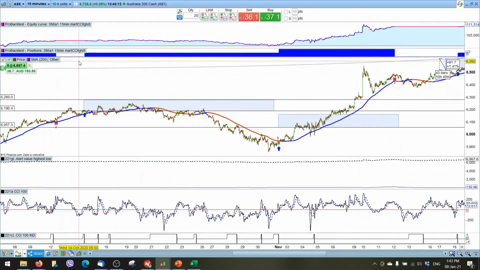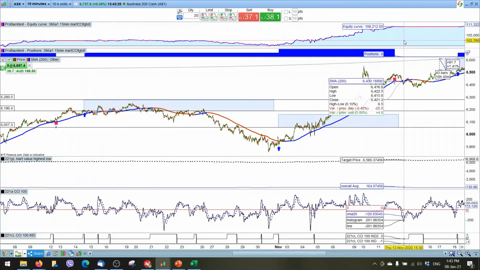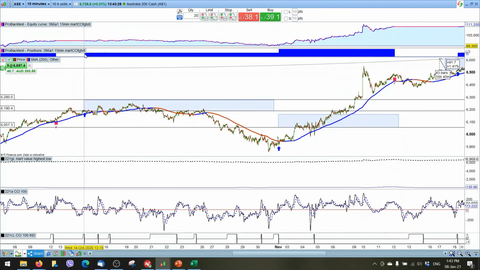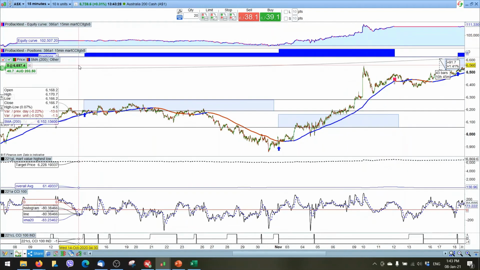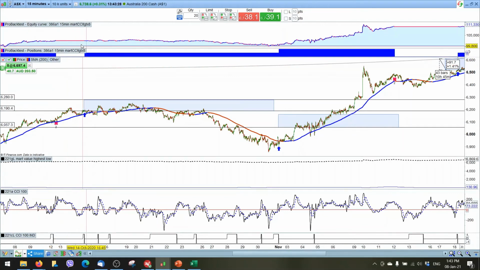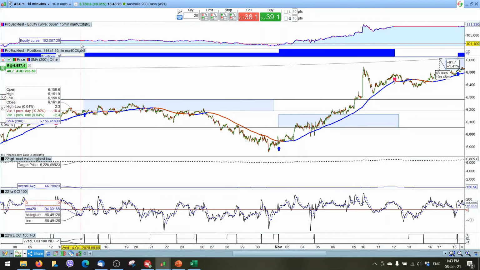So had we traded 8 contracts, the total there was 109,212. Back when we opened the position about 30 days ago, we opened with our account value at 102,507.